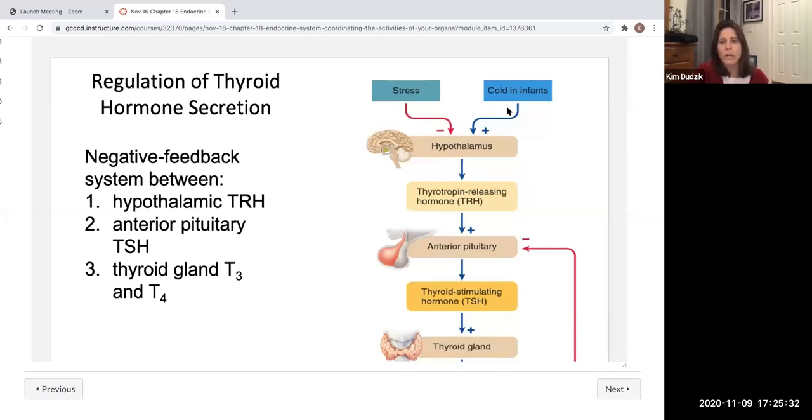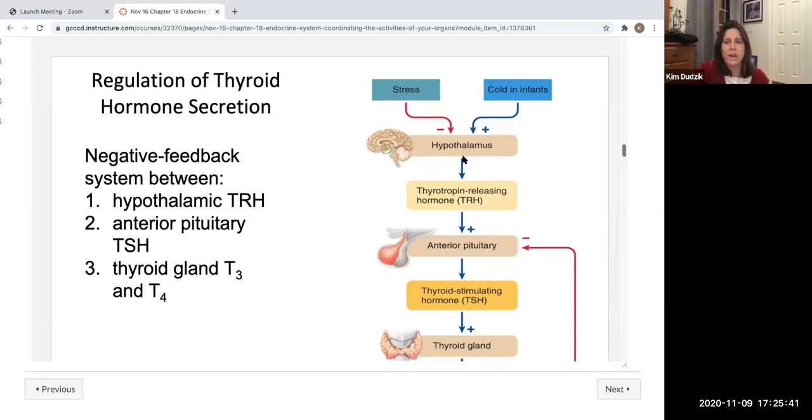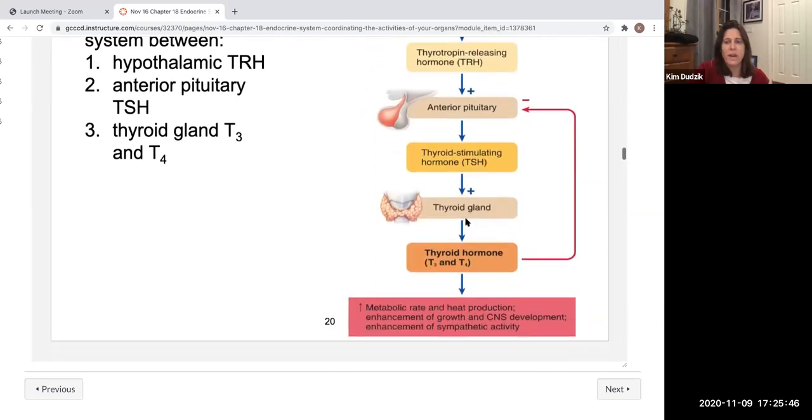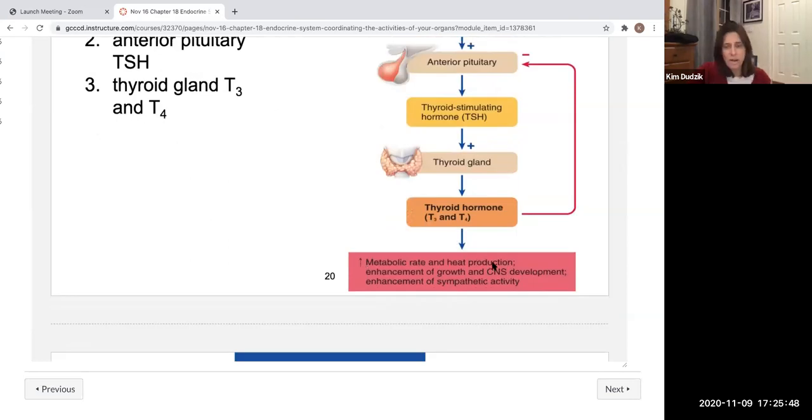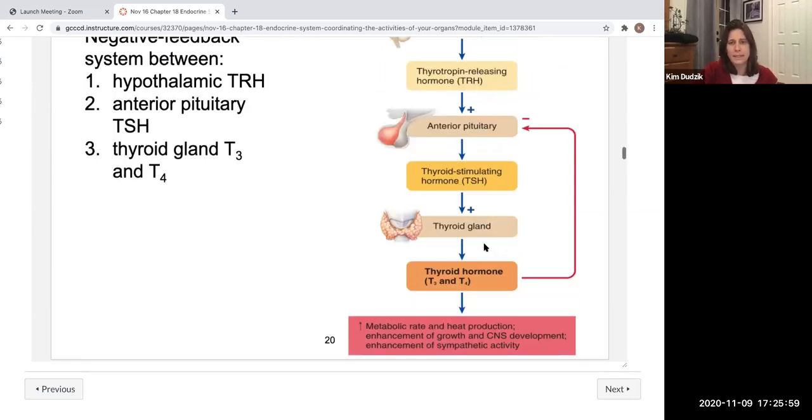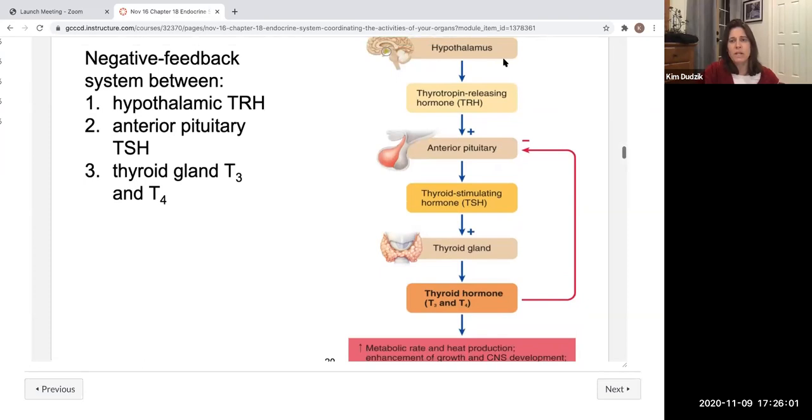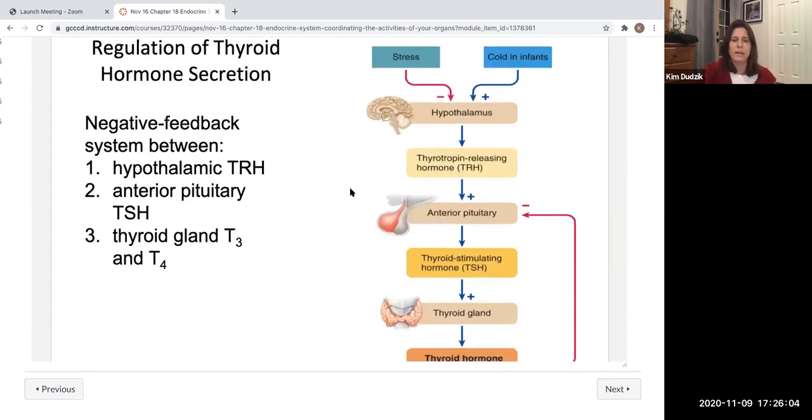When an infant is cold, that can actually stimulate the hypothalamus to release TRH, which targets the thyroid gland, which releases thyroid hormones and increases their metabolic rate and therefore their heat production. And when it increases their heat production, it warms their body. Okay, so I just wanted to mention those outside influences.